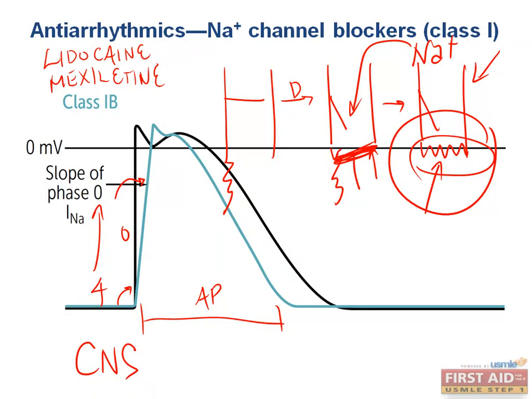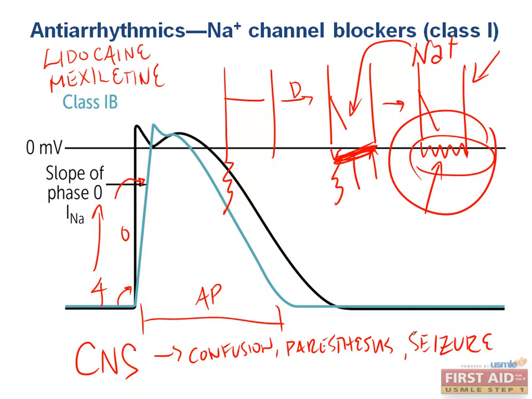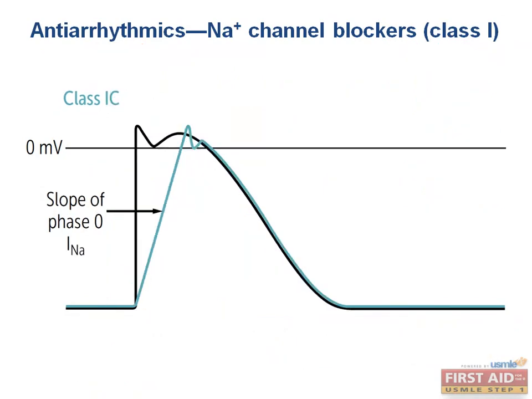And this can lead to confusion, paresthesias or tingling of the extremities, maybe potentially the face, the lips, and even seizure-like activity. So the big one to watch out for is seizures in someone that is receiving some sort of Class 1B antiarrhythmic.